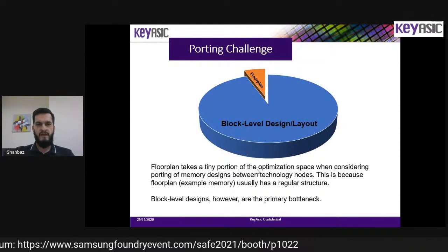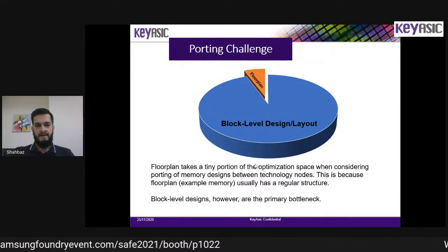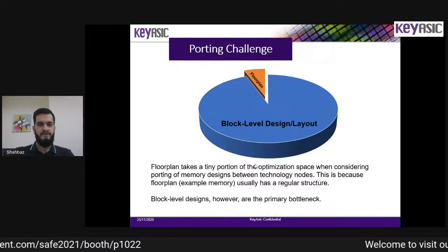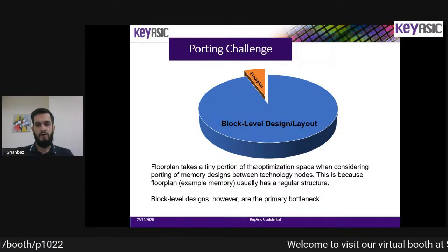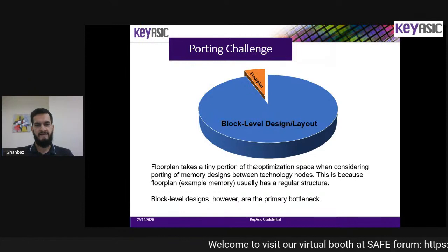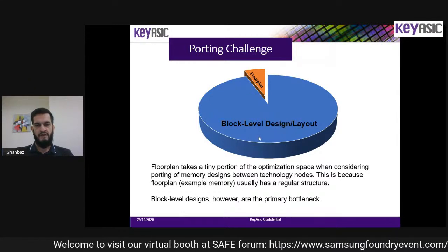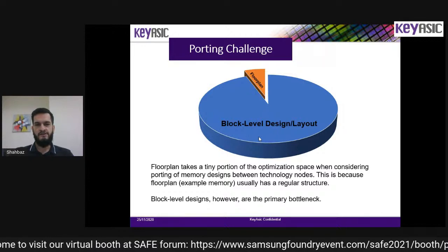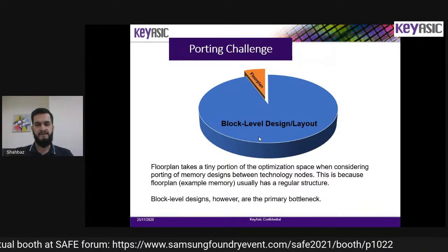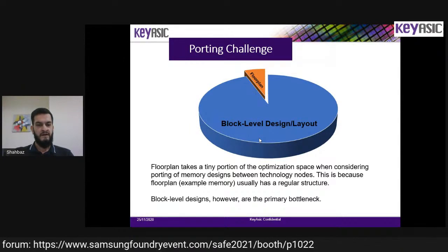Now, if I talk a bit about the porting challenge that we have found and that our team is working with, the bottleneck, I would say, is the block level design rather than the floor plan. As I've shown here, the floor plan takes only a small chunk of this challenge space for the memory, right?